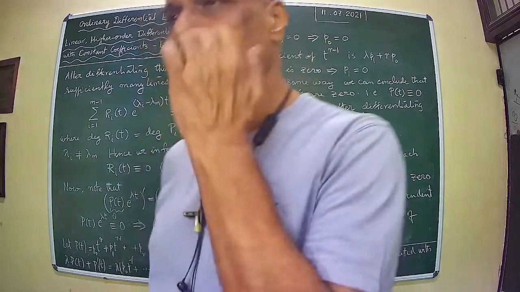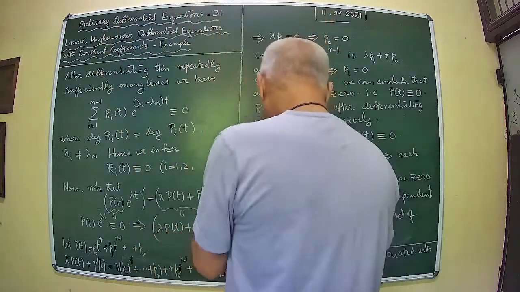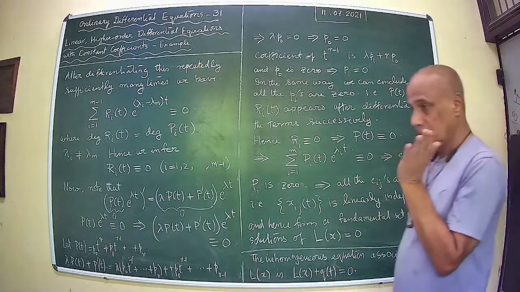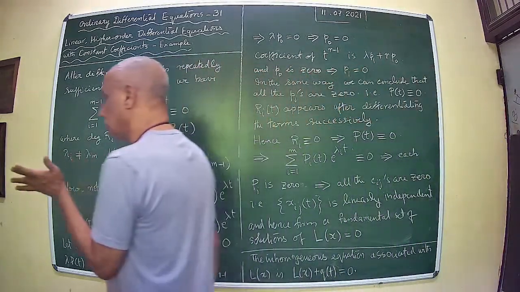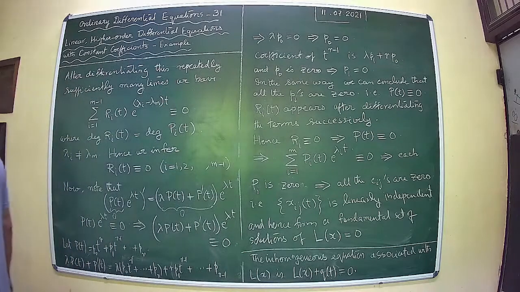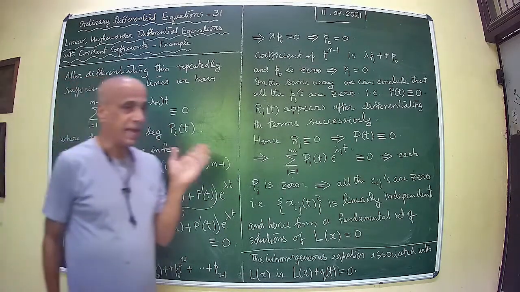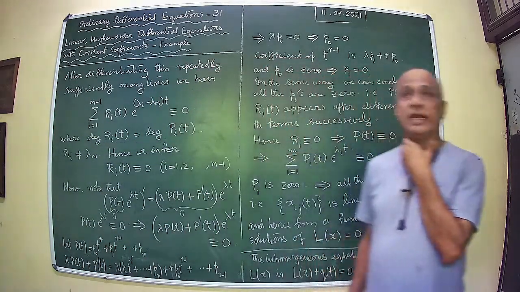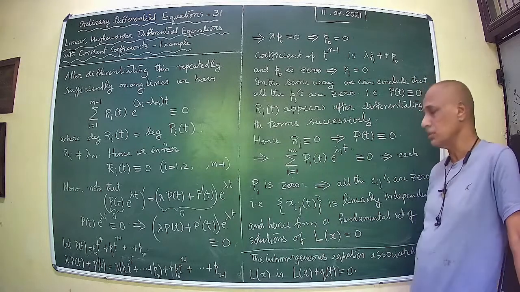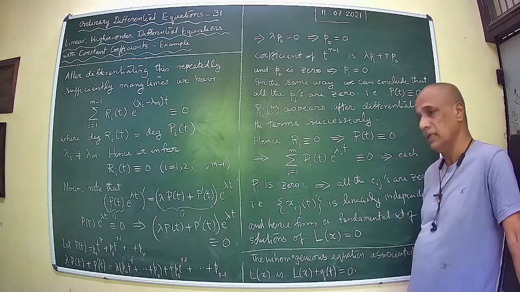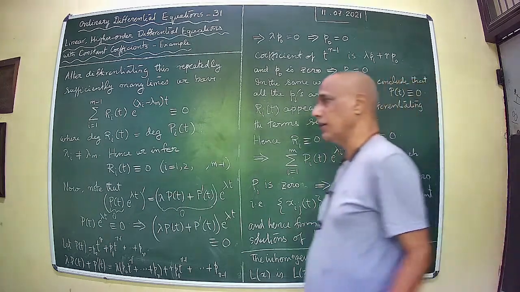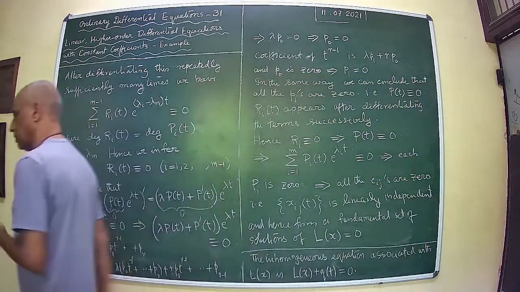So, somehow if you can find a particular solution of Lx plus Qt equal to 0, and you already know the fundamental set of solutions for Lx equal to 0, then you can write the general solution of Lx plus Qt equal to 0 as a linear combination of the fundamental set of solutions plus the particular solution.